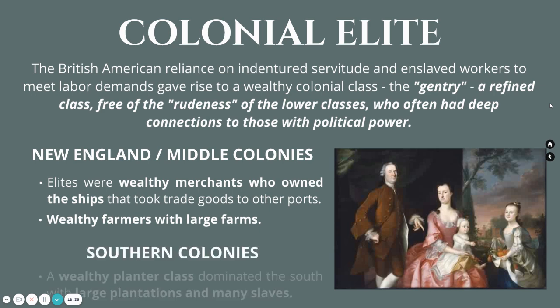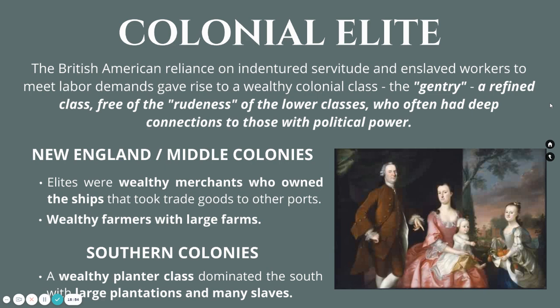And then in the southern colonies, this is where we get to the more classic view of that southern aristocrat in American history, the wealthy planter class. And again, what really separates this planter class from farmers is the planters themselves owned these massive plantations.